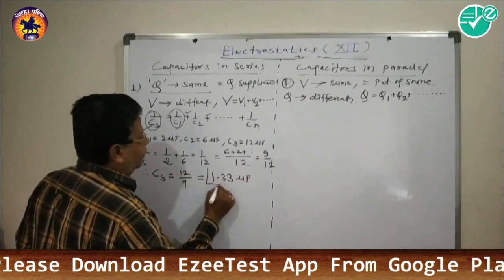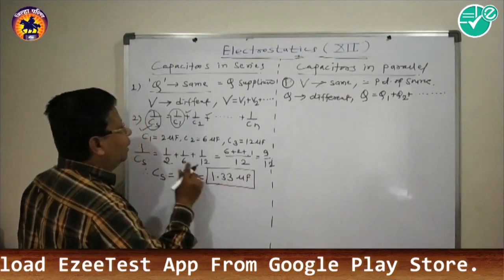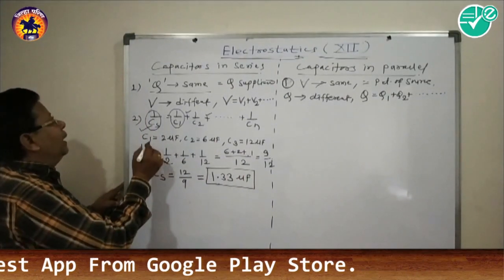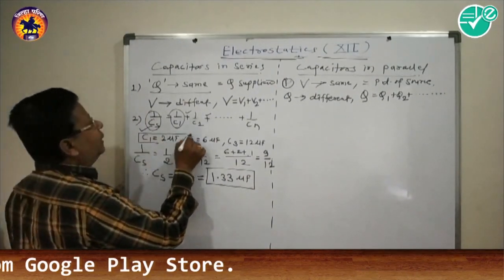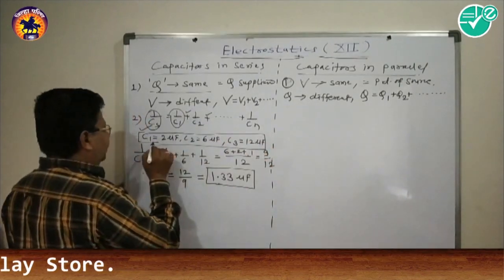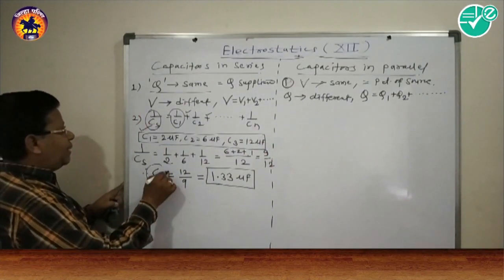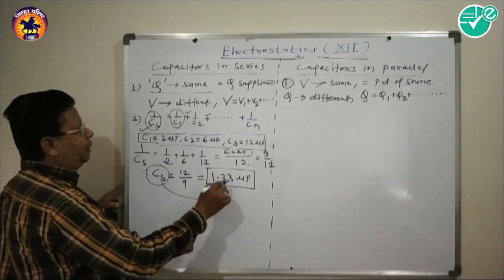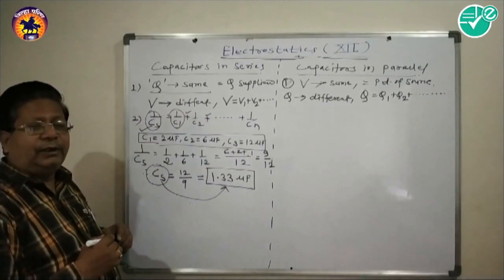So from this example we conclude that if capacitors are connected in series, then the equivalent capacitance comes out to be 1.33 microfarad.